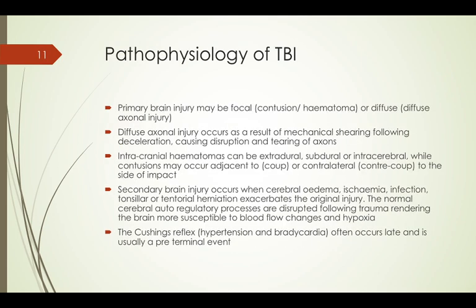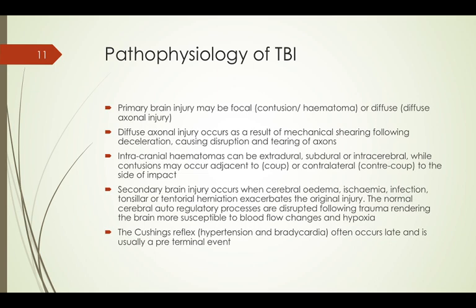So the pathophysiology of traumatic brain injury is as follows. I've mentioned earlier, in terms of one of the classification types, it can be classified as focal or diffuse, focal just being a small area, diffuse as in the entirety of the brain.